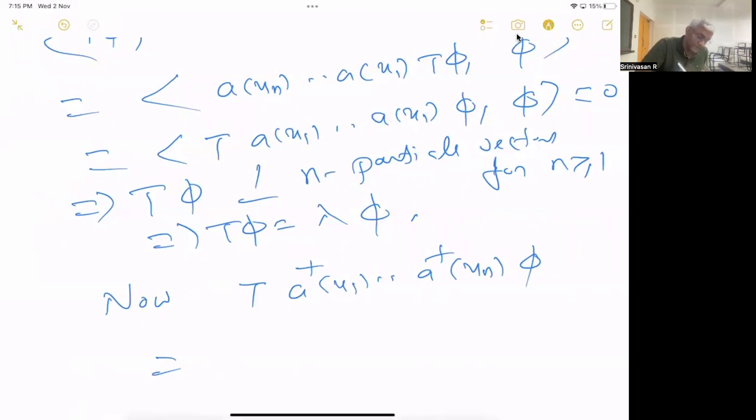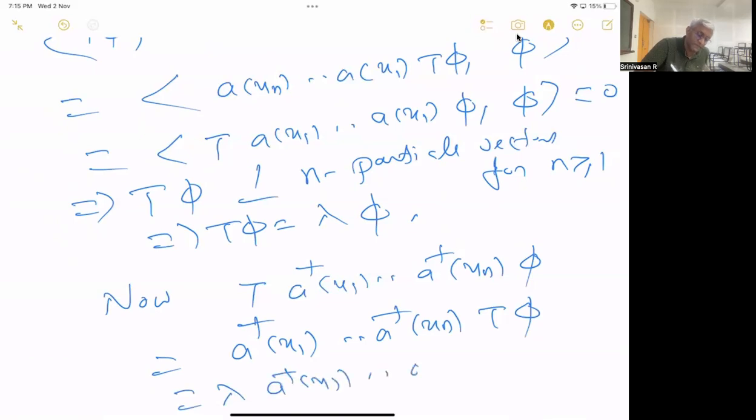It commutes with that. So A dagger u1 up to A dagger un of T phi. But T phi is lambda phi. Okay. So you get lambda of A dagger u1 to A dagger un of phi.